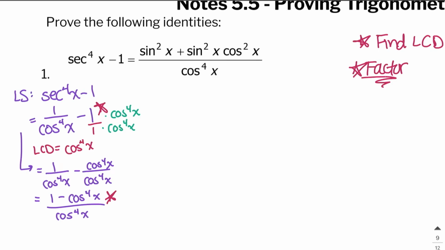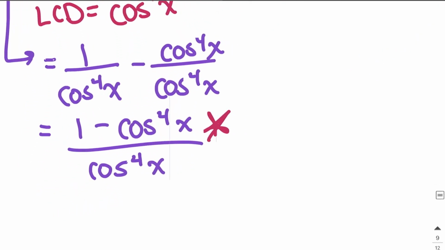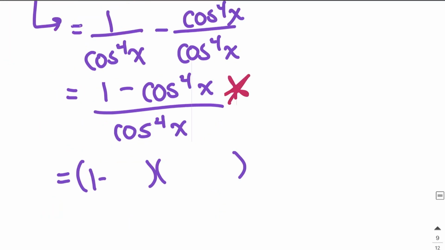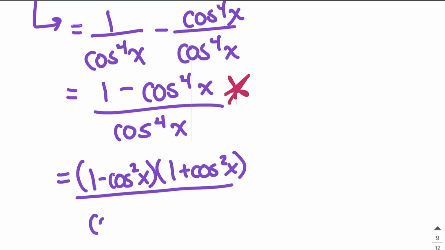If you take a look at this numerator, this is a difference of perfect squares. I have two terms, and I have subtraction. I can square root 1, and I can square root cosine to the power of 4x. Because it's a difference of perfect squares, I can write this out as 1 minus cosine squared x times 1 plus cosine squared x, all over cosine to the power of 4x.